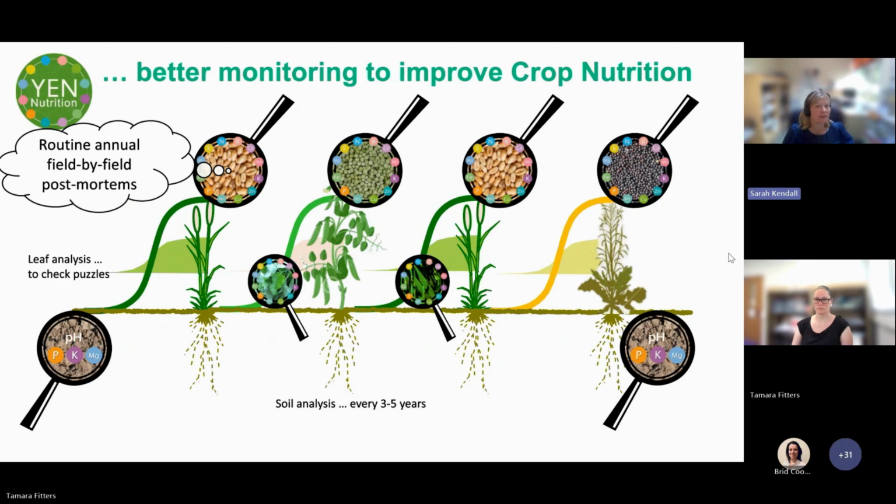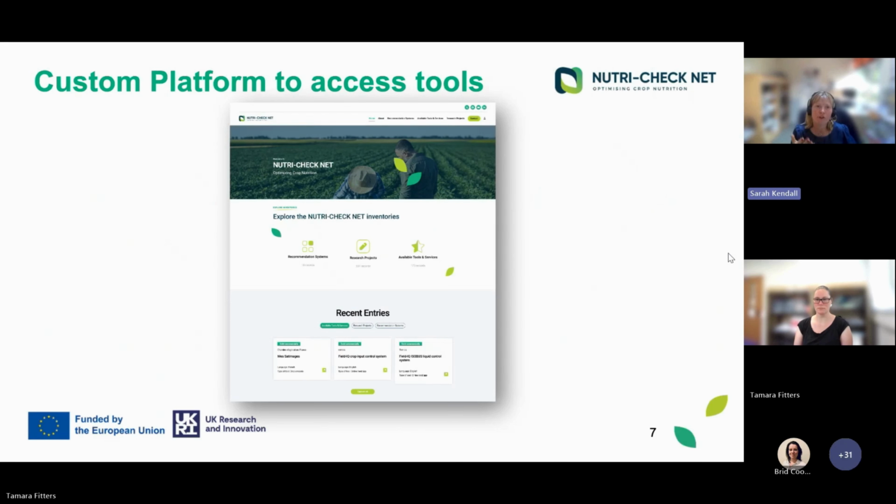If we can move on, Tamara. And before I hand over to Tamara, I just want to raise that in the project, we've collated an inventory of many different tools, analyses, and services that can support farmers with their decision making around crop nutrition. And these tools are now all collated and available through a custom built platform that we've created for the project.